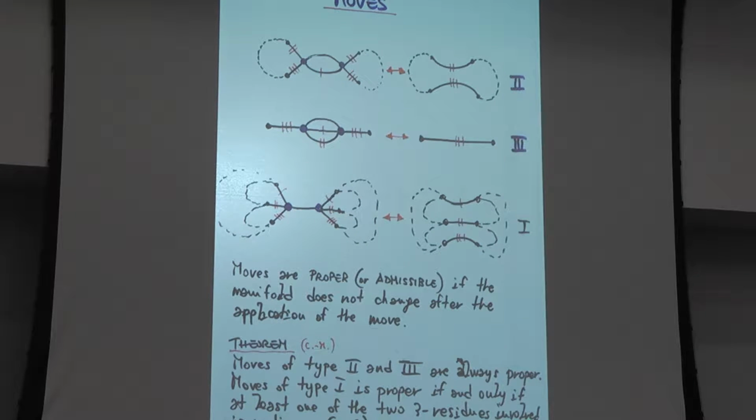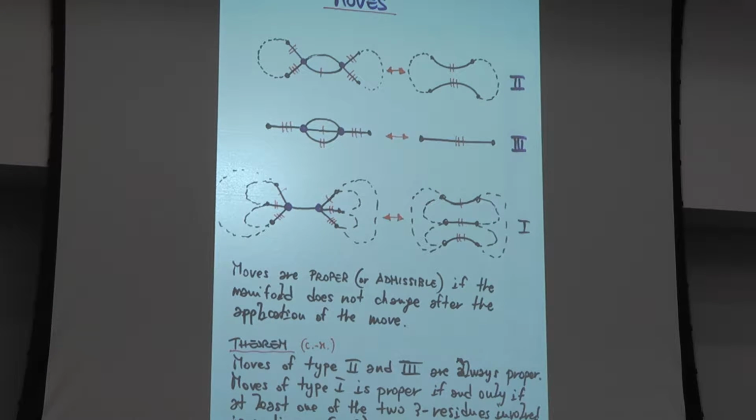Otherwise, if both are not spheres, they correspond to different boundary components, and if you perform the move, the 2 boundaries attach and you destroy the topology of the manifold. So in the non-closed case, this move is not always possible. It's possible only if at least one of the 2 residues is a sphere.